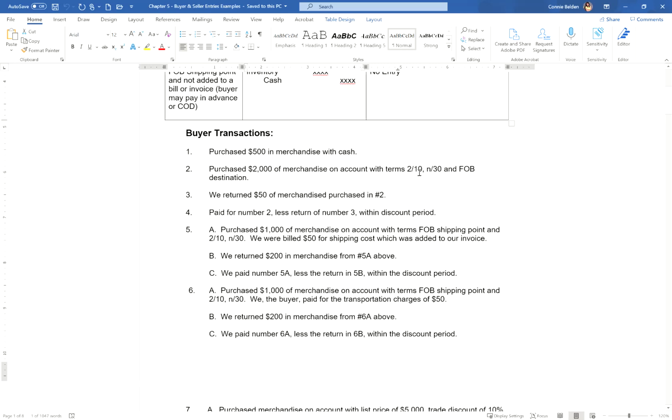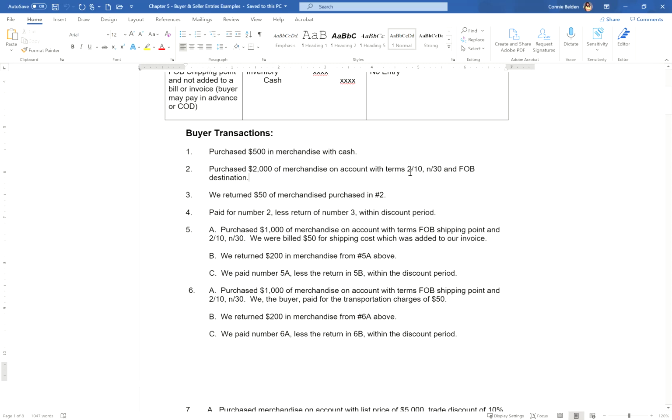The 2/10 represents that you may take a 2% discount if you pay it within 10 days of the invoice date. This is just a little incentive by the seller to get you to pay it early so that they collect their money quicker. It could say like 1/15.